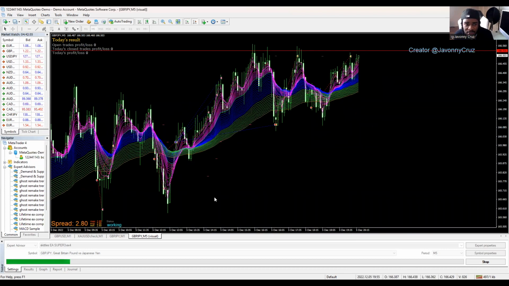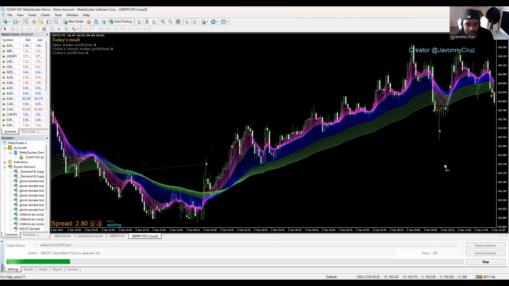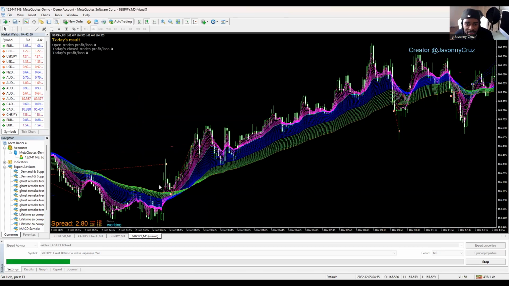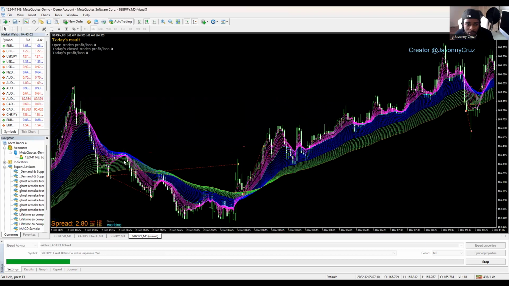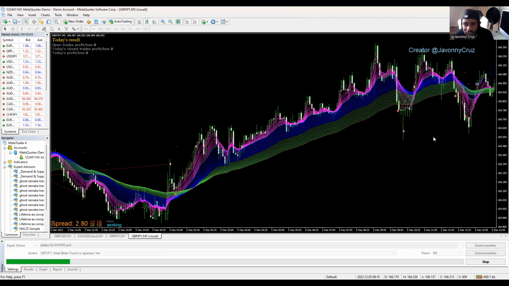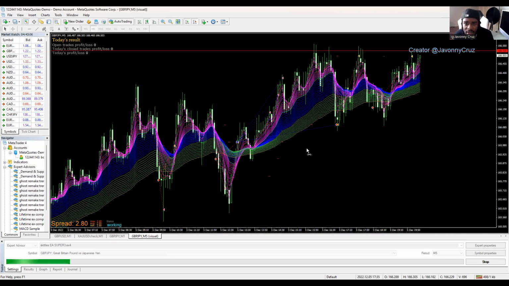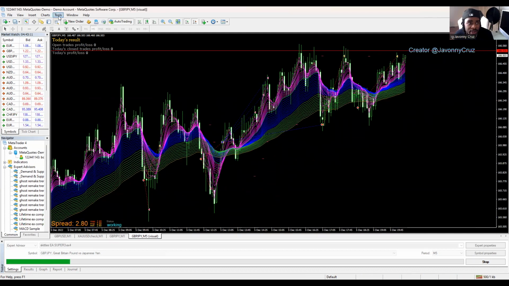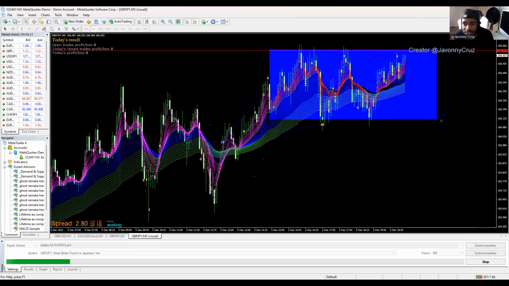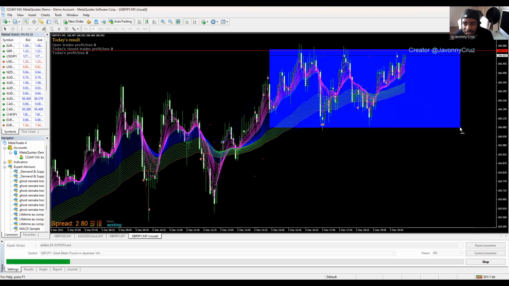Usually once there's a big move like this, either to the upside or downside, a big trend or a big sell, whatever the case may be, usually after a big move in the market, there is consolidation. And that's what we have here. This whole move is consolidation, and that's why we're losing right now.